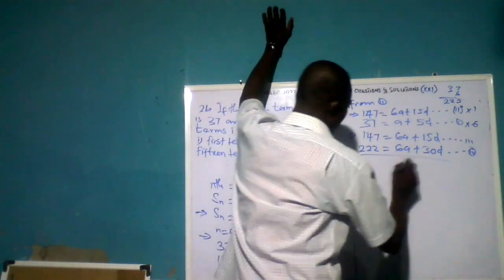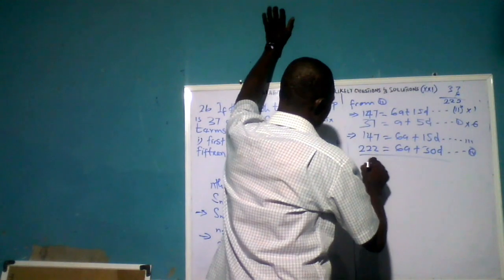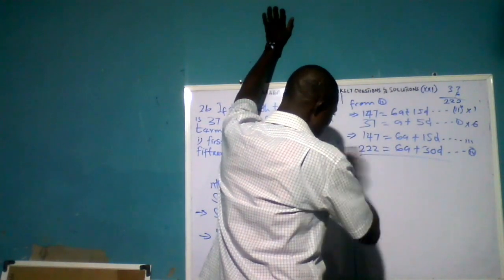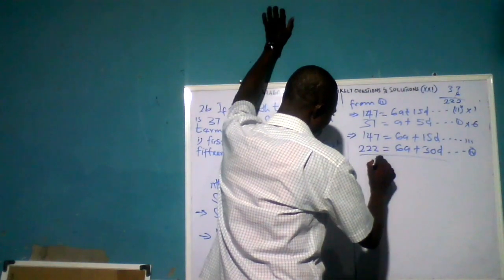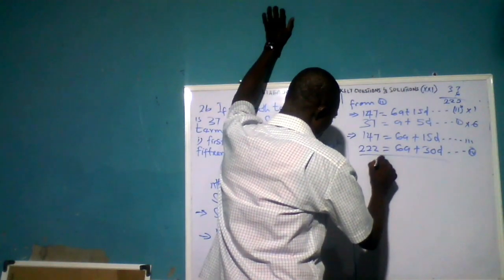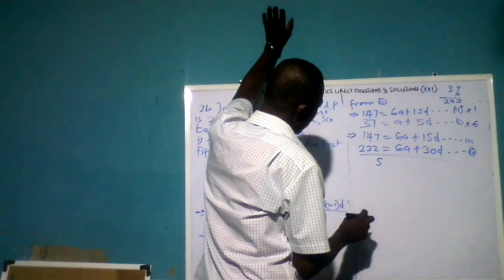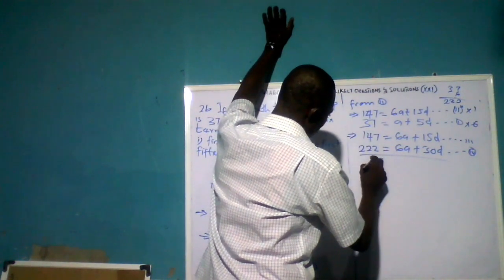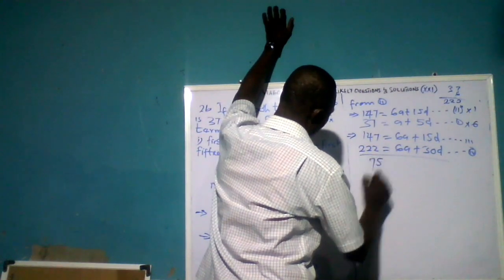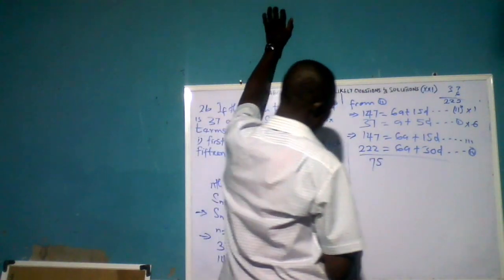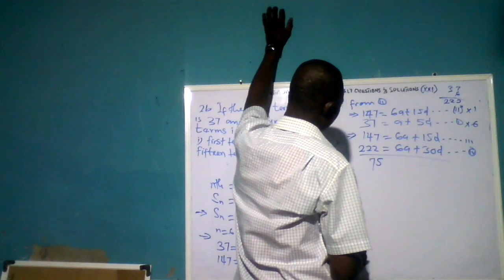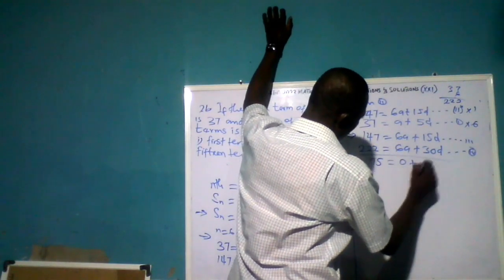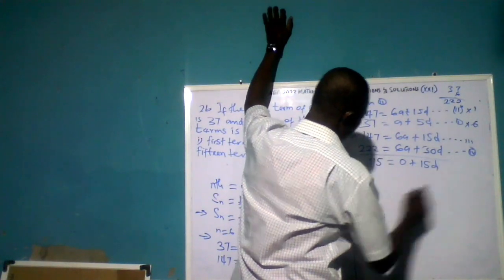So that you have 7 minus 2, that will give you 5. And now 4 minus 4, that will give you 0. 1 minus 1, that will give you 0. 75 equal to 0 plus 15d.